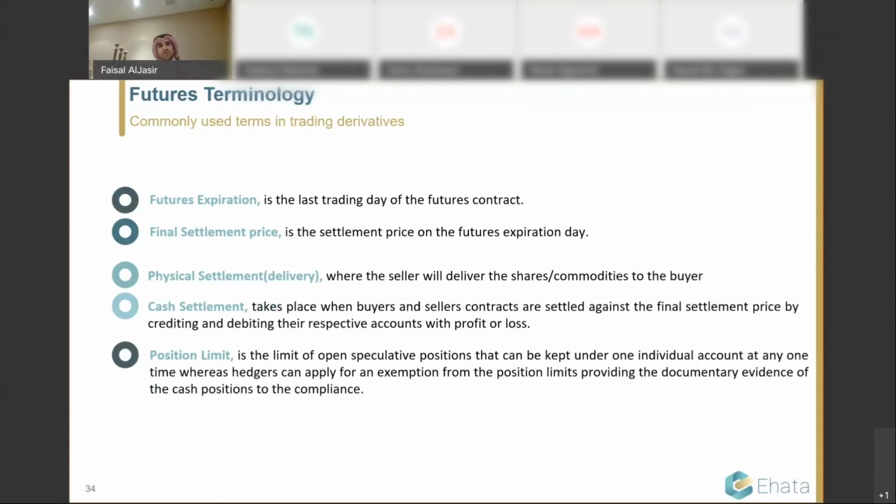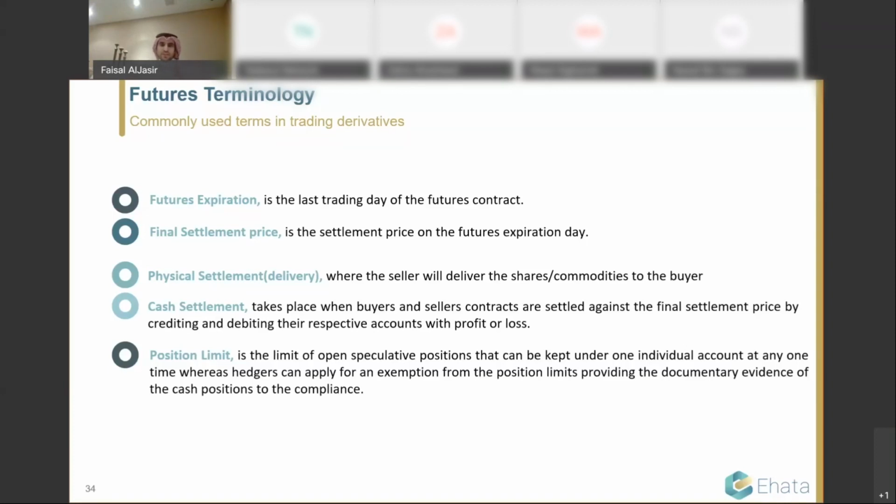But when you hear the words physical settlement, imagine it's not an index that is the underlying; if it's a stock, you would actually have the stocks in your portfolio, so you would accept delivery of these stocks. Cash settlement is just taking the difference between the settlement price and your buying price or your selling price, depending on which side you are.